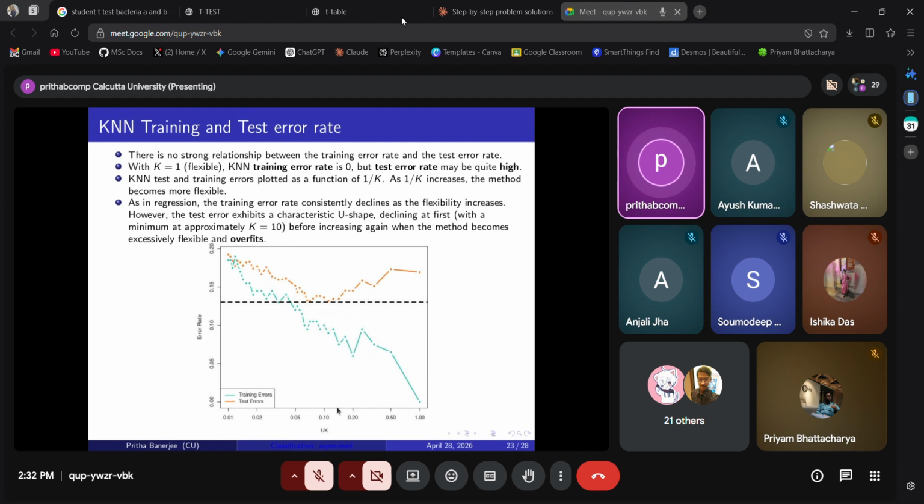Second, we saw k nearest neighbor. That is also a very simple classification algorithm, but again based on a probability measure: we find the probability of x taking a particular class, compute it for all the classes and choose the highest one.